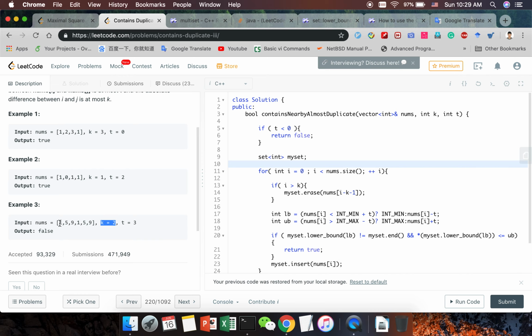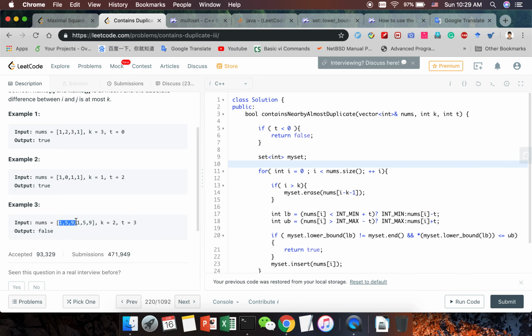And what we need to do next is to compare any possible pair of numbers in this window and check if their value difference satisfies the second condition or not. If we can find such a pair, then we can return true, right?